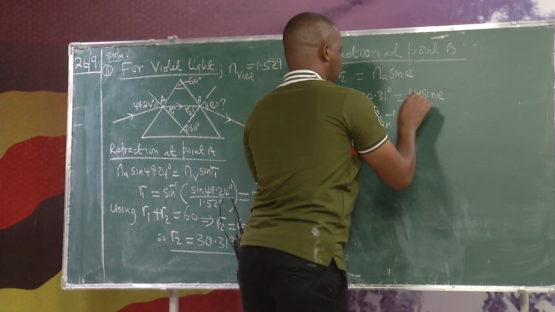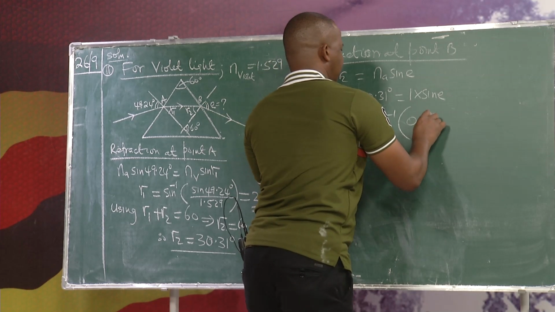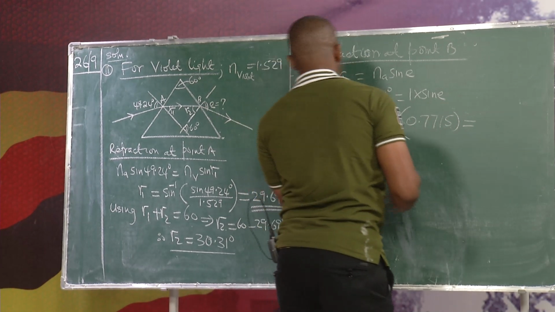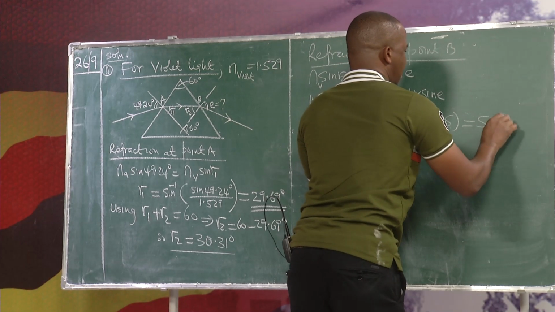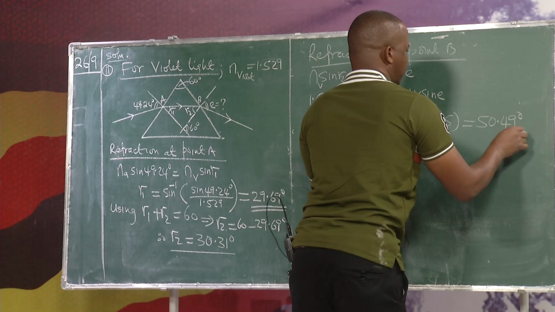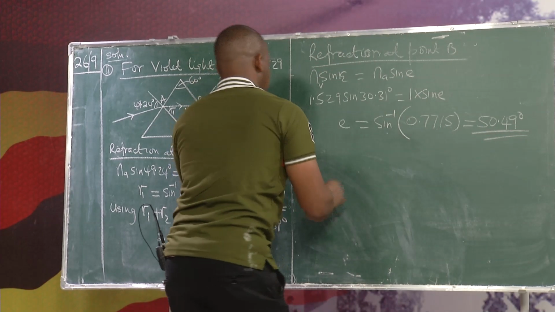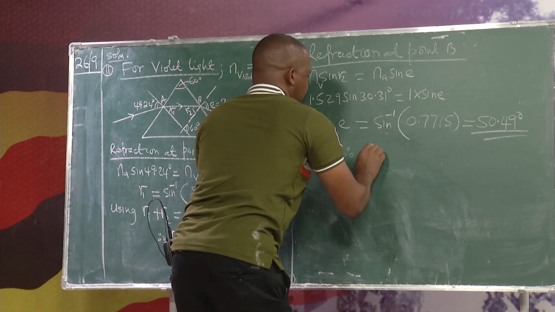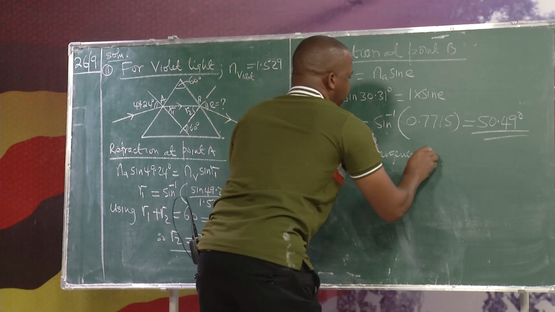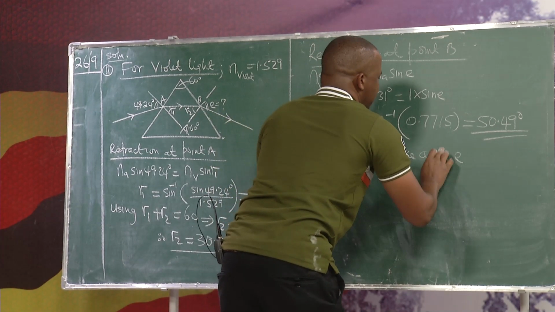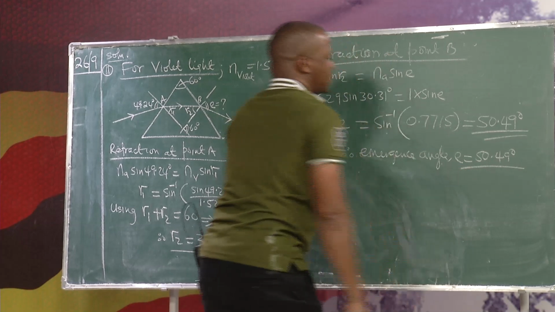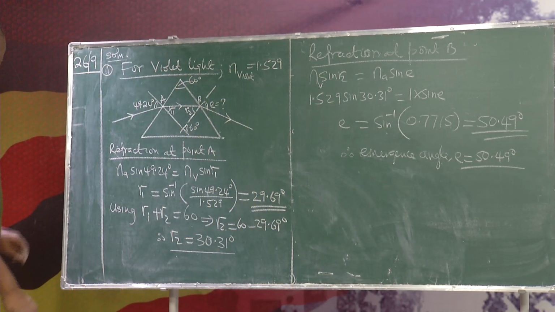If computed, it will give us approximately 0.7715, and will give us finally a value of E as approximately 50.49 degrees. So we can say, therefore, the emergence angle E is equal to 50.49 degrees.